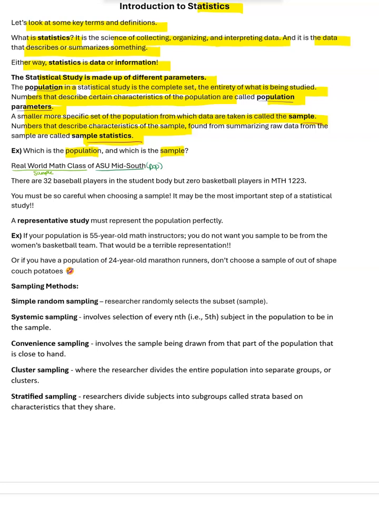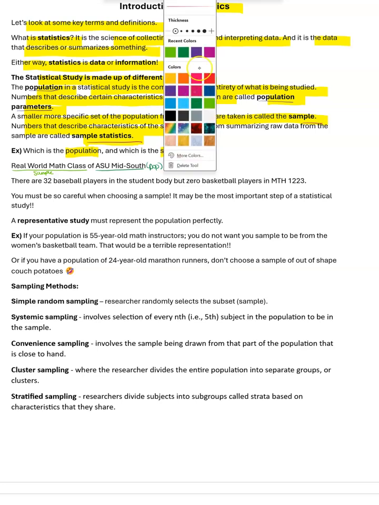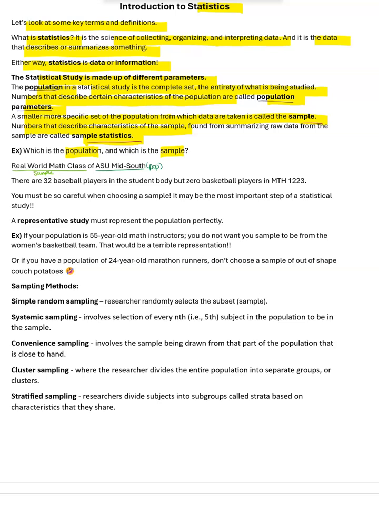Now, let's talk about what would be our population parameters. So we have 32 basketball players in the student body and 0 basketball players in math 1223. I think that's the class name. I can't remember off the top of my head. But if we're talking about the student body, that would be the whole, right?